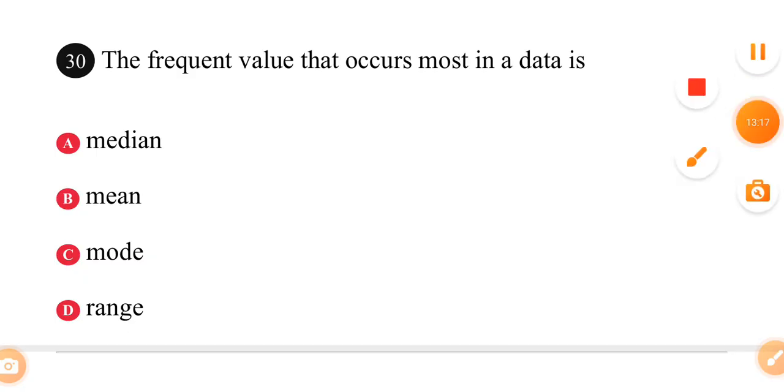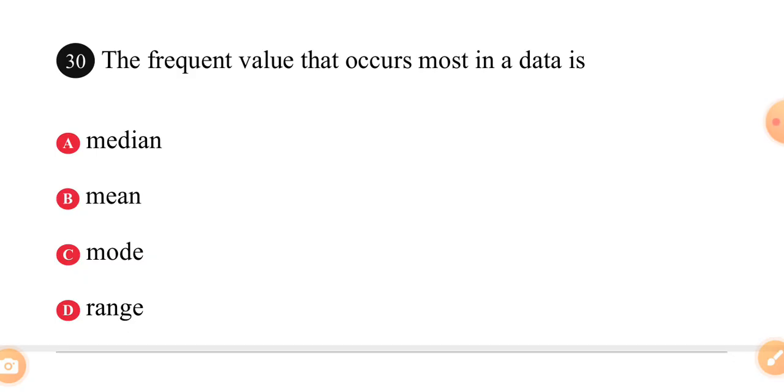Question number 30. The frequent value that occurs most in a data is dash. This one has to do with statistics. When you are given a series of numbers, the one that is coming most frequent. A. Median. B. Mean. C. Mode. D. Range.